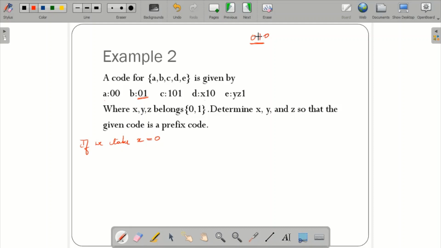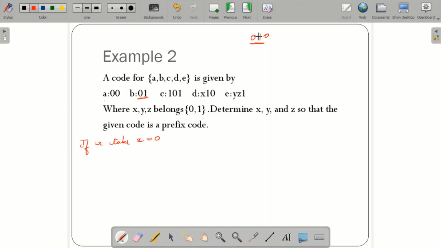For Y and Z we can take four possible values: Y equal to 0, Z equal to 0; Y equal to 0, Z equal to 1; Y equal to 1, Z equal to 0; and Y equal to 1, Z equal to 1. Let us try all these values.